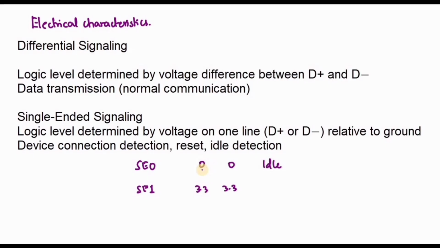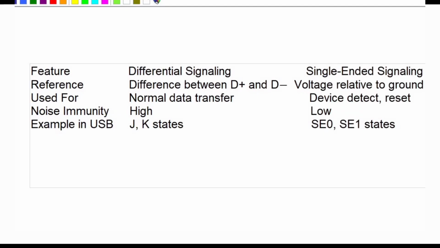The speed at which data can be sent on the cable is limited by the amount of noise present. Noise refers to any signal that interferes with the desired data signal and causes errors. So it is very susceptible to noise.